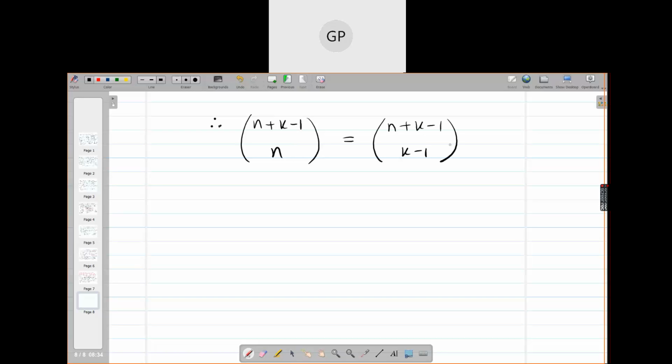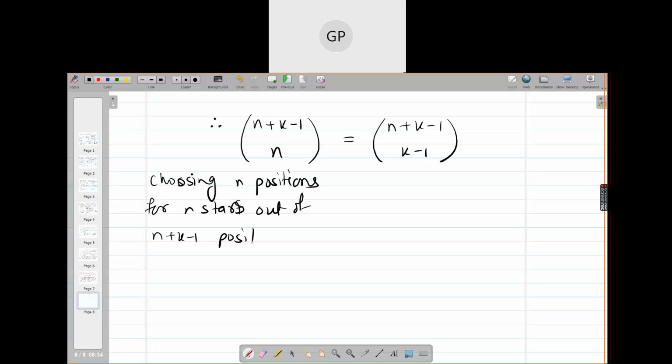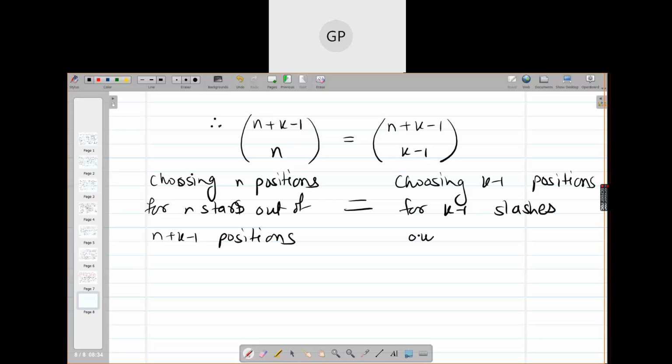Choosing n positions for n stars out of n plus k minus 1 positions is equal to choosing k minus 1 positions for k minus 1 slashes out of n plus k minus 1 positions.